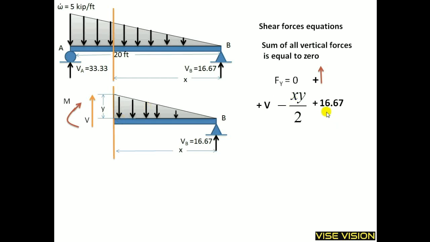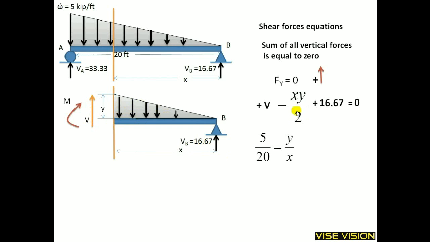And this 16.67 is the reaction over here acting upward. These three forces are acting at this face which we have cut: this V1, this UVL downward, and 16.67 upward, and their sum equals 0.